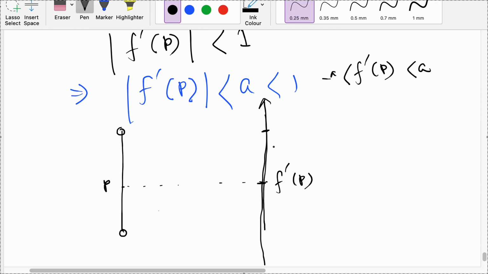So suppose this is -a and this is +a; f'(p) is somewhere in between -a and +a.